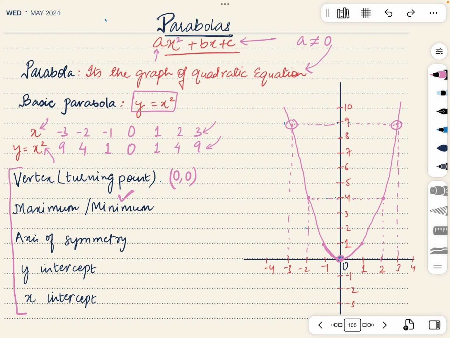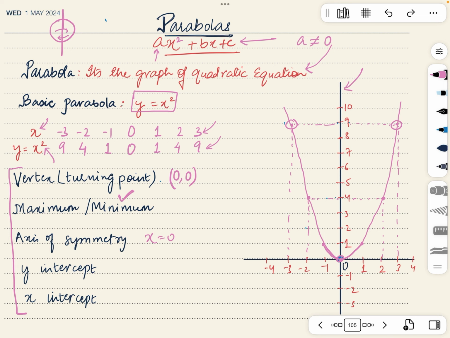Then the axis of symmetry. If there's any figure and we have a mirror image of the left-hand side at the right, or the mirror image of the right on the left, that means they're equidistant on either side. That makes the axis of symmetry. Here, x = 0 is the axis of symmetry.